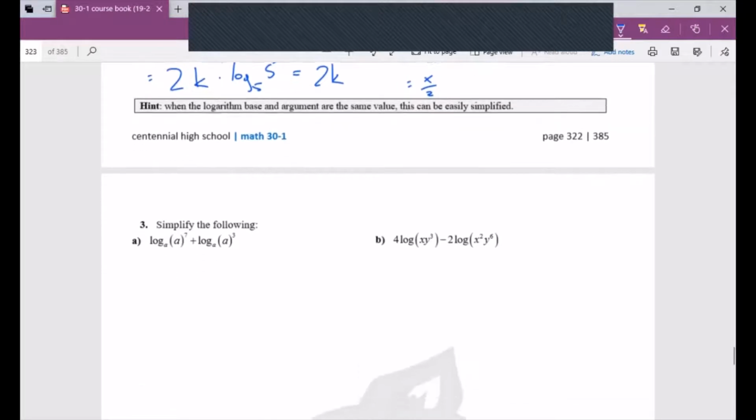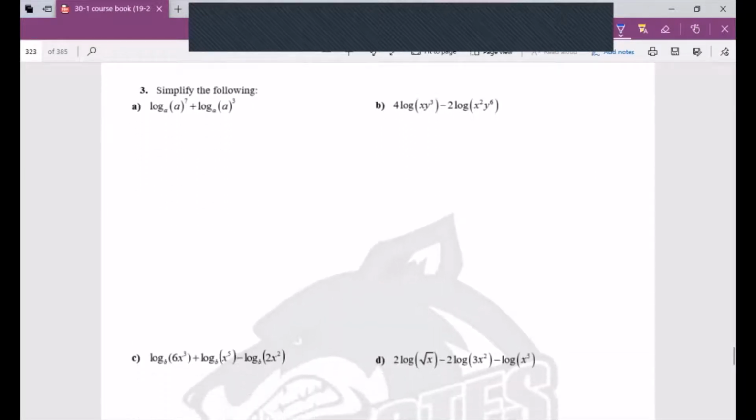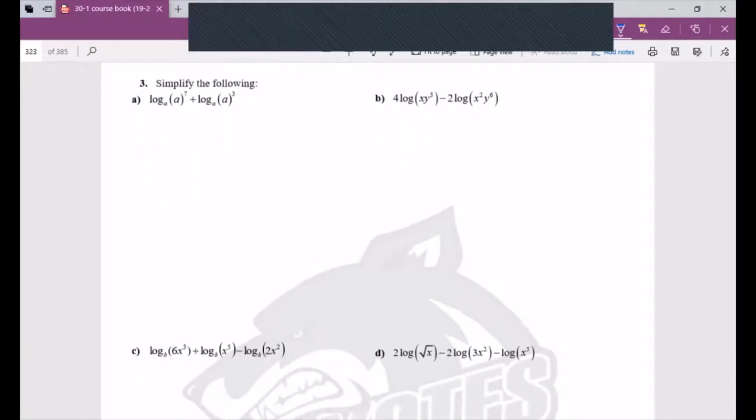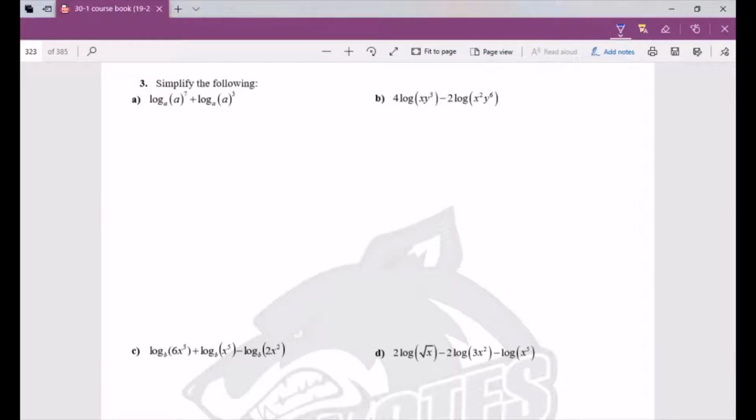So, next page. Simplify the following. We can do this a couple of different ways. A lot of these questions actually can be done in more than one way, and I'll show you different ways to approach these things. If we have logarithm of a to the 7 base a plus logarithm of a cubed base a, one way of doing this is calling this 7 log a base a.